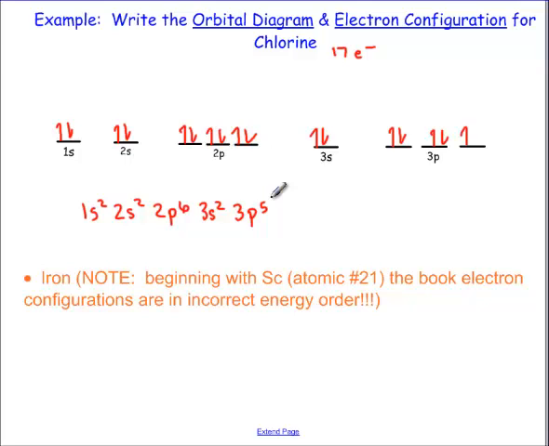So please use the back of your book as a guide. But be careful. The back of your book, that periodic table there, has the wrong energy order for elements after element number 21. So be really careful of that.